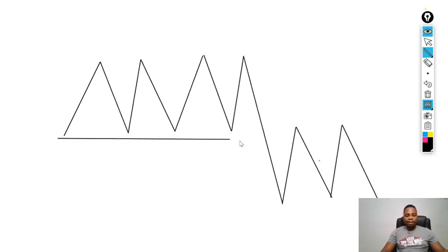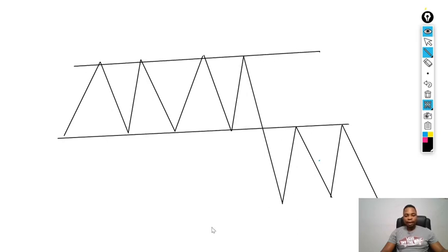And we can establish that we had this line here, and we had this line here, and we now have the new line here. So we had the major resistance level, major resistance level, major resistance level, major support level, major support level, major support level.